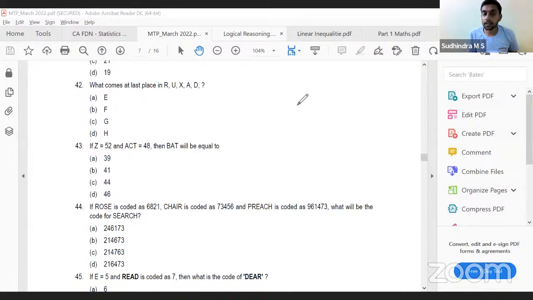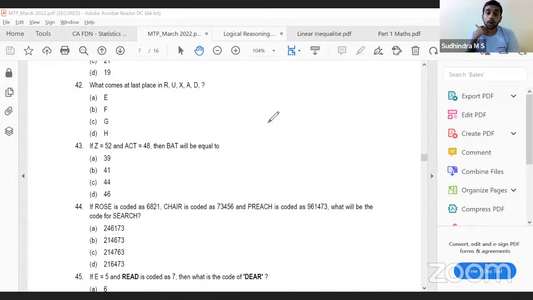Double. 2 times of the number. Yes, the value of every alphabet is 2 times the order where it is placed, right? So A's value will be 2 because it's the first alphabet. So A's value will be 2, B's value will be 4, C's value will be 6.